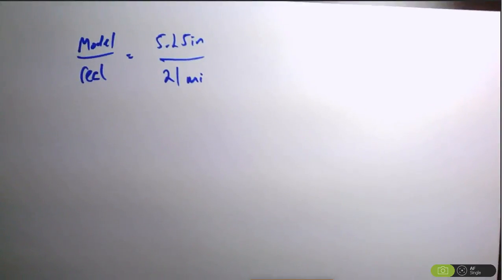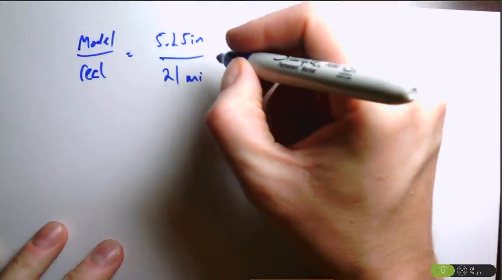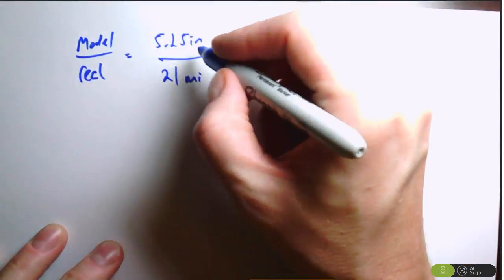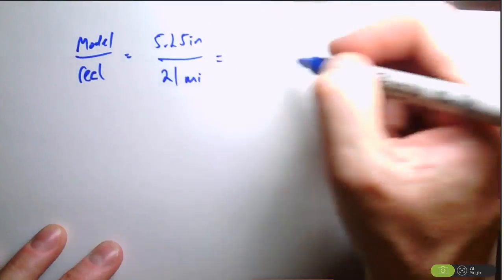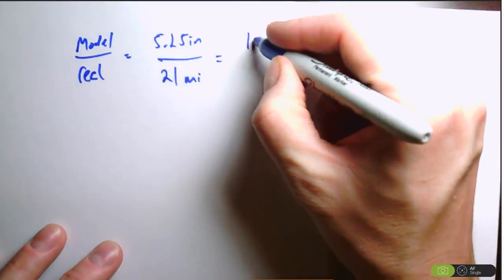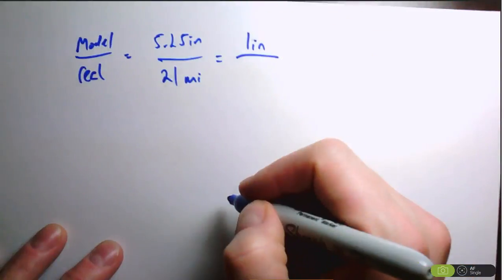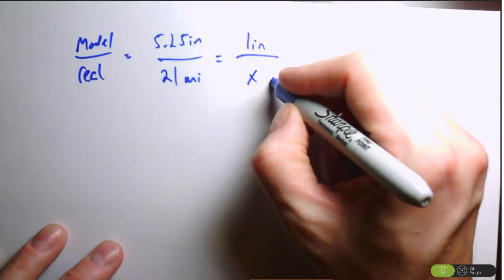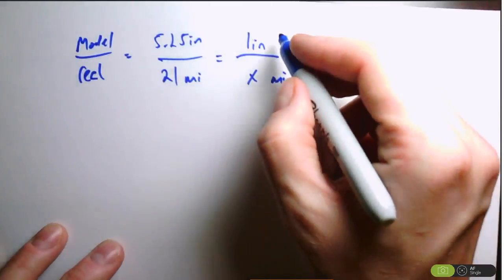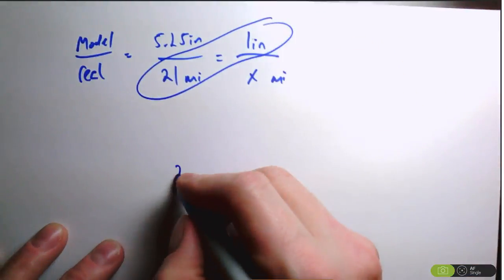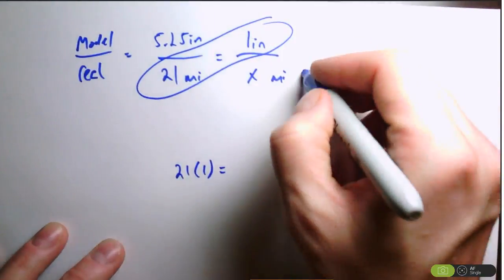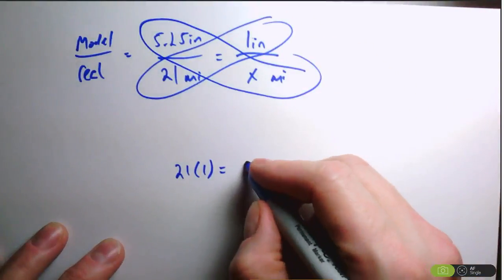Okay, now, if we're going to figure out the scale, what we want to know is this, and this is the way it always works. I know it's 5.25 inches to get 21 miles. The real question is, how much would 1 inch get us? So we're going to say this is x miles. So we're going to cross multiply. 21 times 1 equals 5.25 times x.